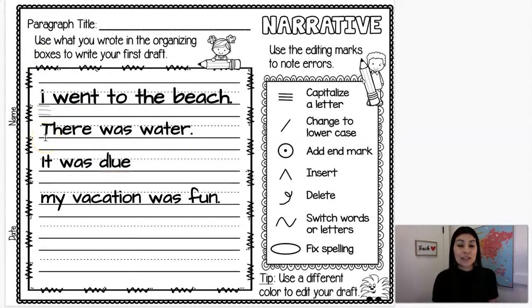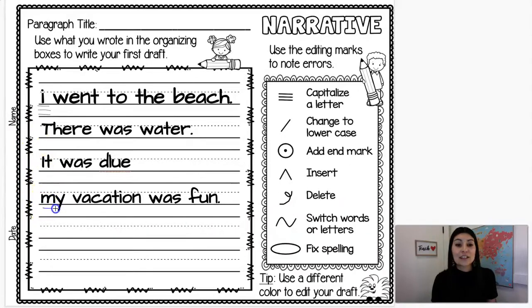That T is perfect. It's capital. I just leave it. All right, here's my next sentence. It, the I is capital. Okay, so now I'm going to go to my next. My vacation was fun. Here's the beginning. Uh-oh, it doesn't have a capital. So I need to put a capital under it.